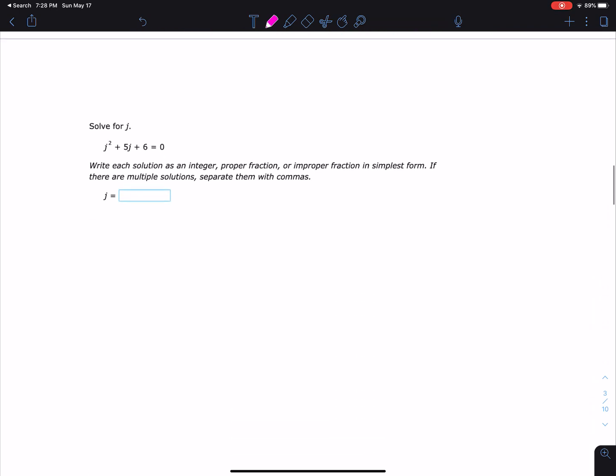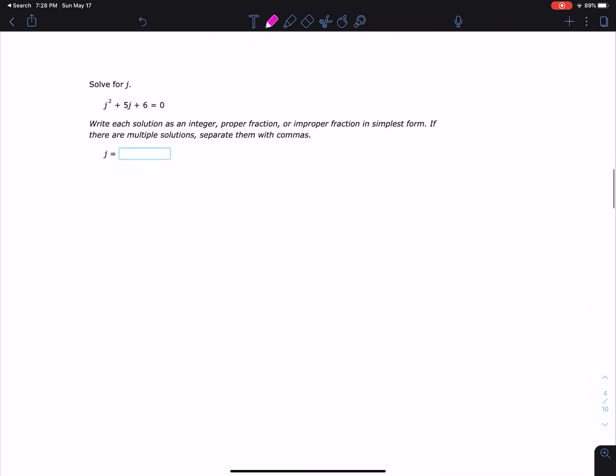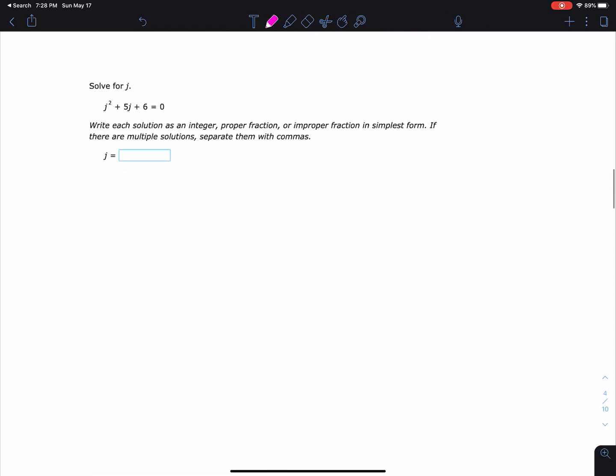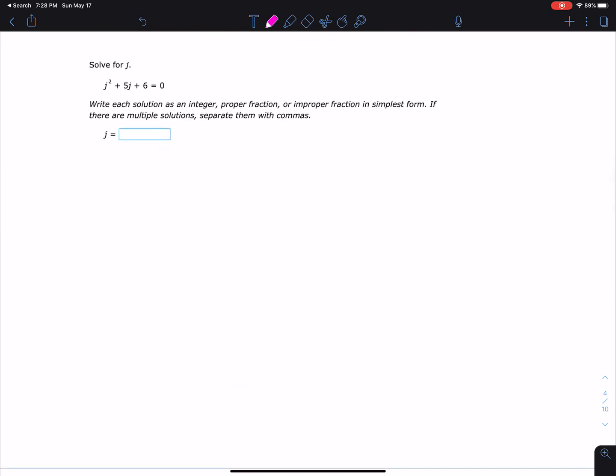All right. So now we have a trinomial. If you look above, our last two examples were binomials, just two terms. Now we have three terms. With three terms, if your leading coefficient is 1, your a value is 1, you can make your table.